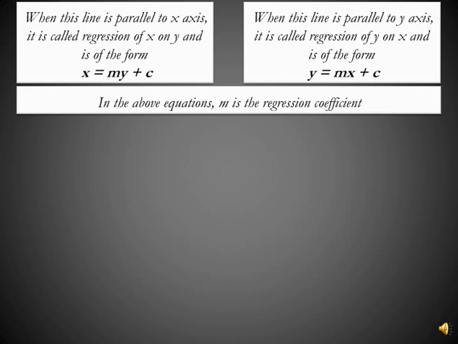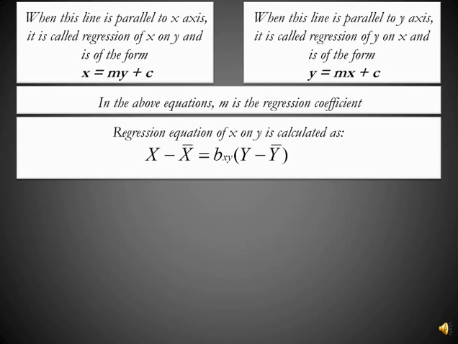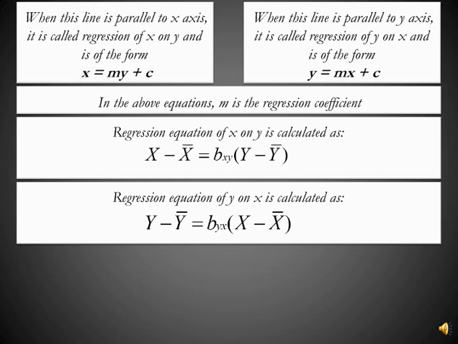In the above equations, m is called the regression coefficient. For the regression equation of x on y, it is calculated as x minus x bar, or you can say mean of x, is equal to bxy multiplied by y minus y bar, where y bar is the mean of y.